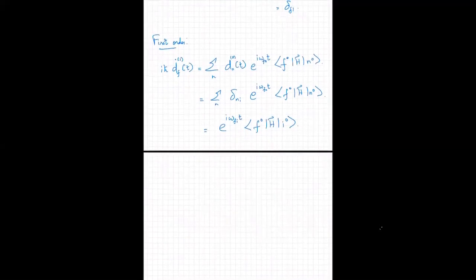So the first order correction can be written as minus i over h bar e to the i omega fi t f0 h tilde i0. Okay.